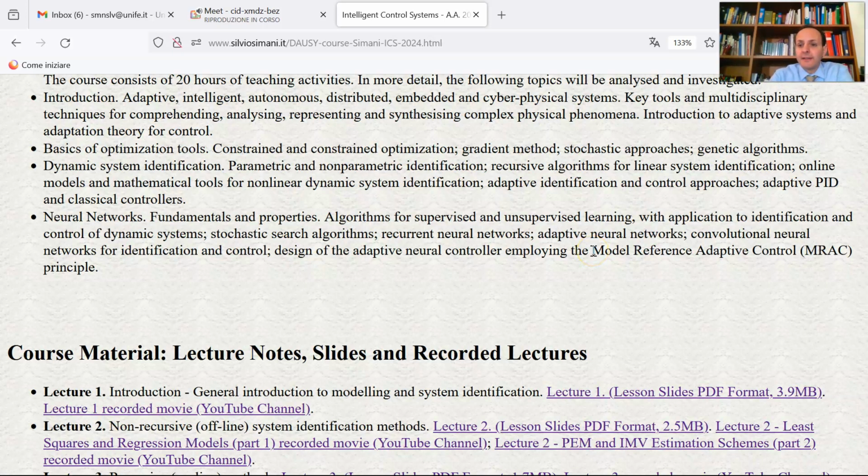It means that at the beginning you will start from a linear controller, and that's why we will recall some basic techniques for the design of, for example, a PID or model predictive control that can be used as a reference controller for the design of a nonlinear controller.